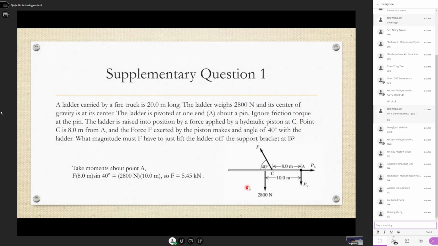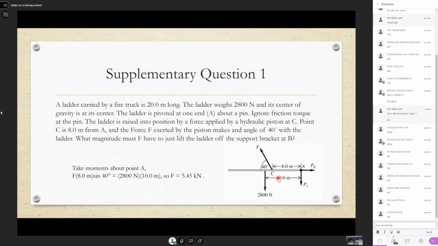You have F pointing in this weird direction. But remember, for torque only the force that is perpendicular will be accounted for. So it will be F times 8 sine 40.